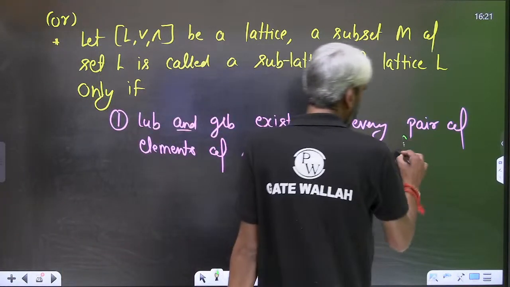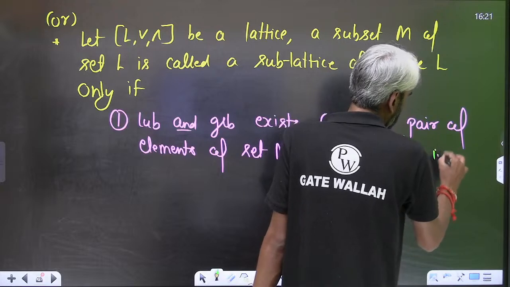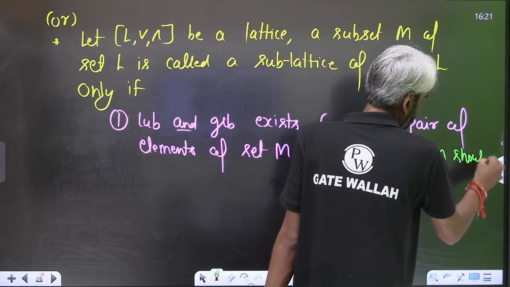Simply, M should be a lattice. That's the first thing.